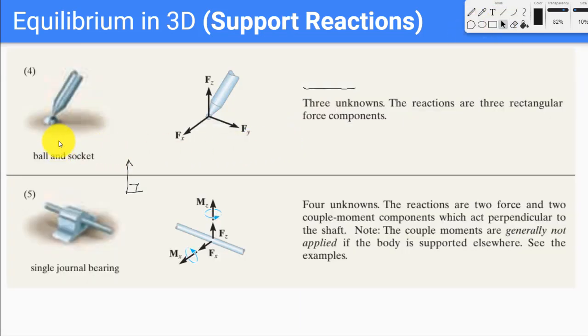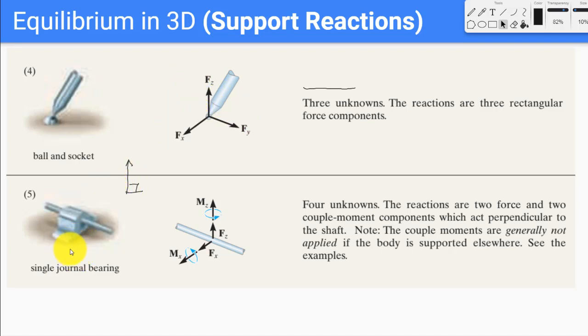A ball socket is something which allows rotation in all the 3 directions, but it does not allow translation of this point in any of the 3 directions. Because the translation is restricted in the x, y and z directions, we would have to replace this point with 3 forces: x, y, z.